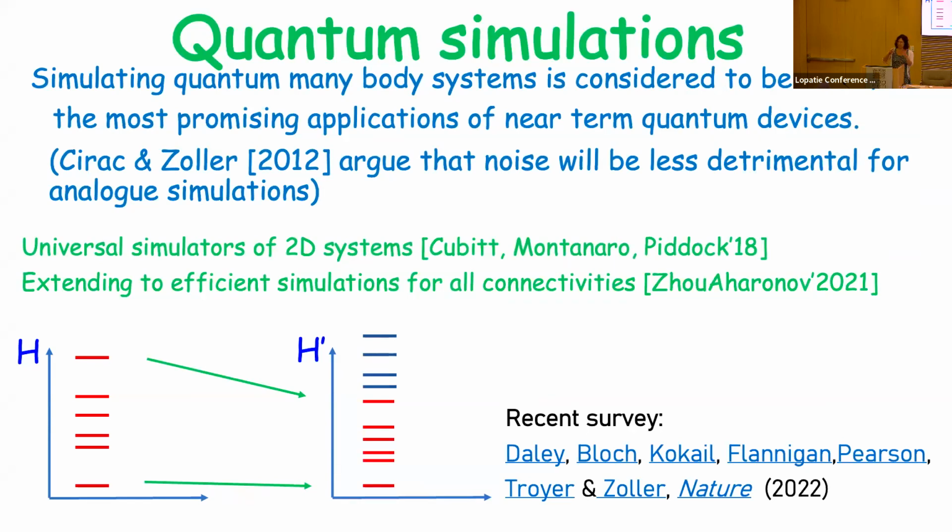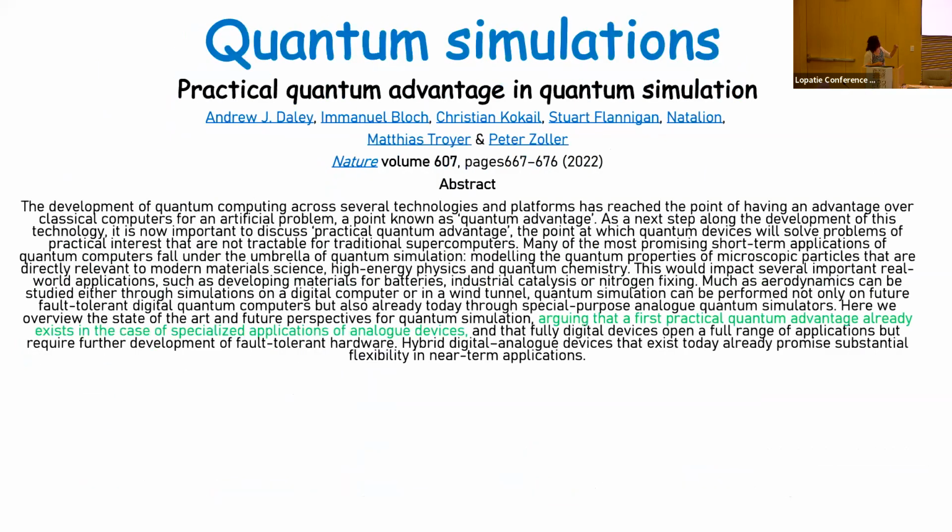So quantum simulation has a theoretical foundation: just like quantum circuits, you can use quantum Hamiltonians to simulate a generic quantum evolution with only polynomial overhead. And in a recent survey, it was argued that using such quantum simulations of certain Hamiltonians by other Hamiltonians, we can see practical quantum advantages.